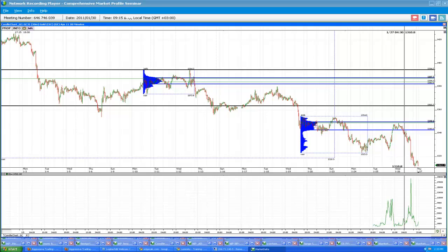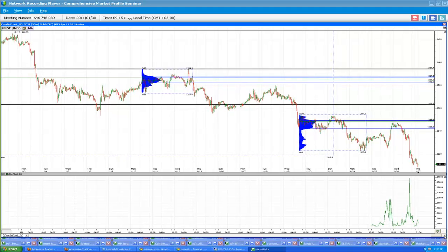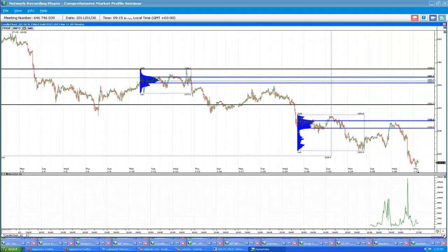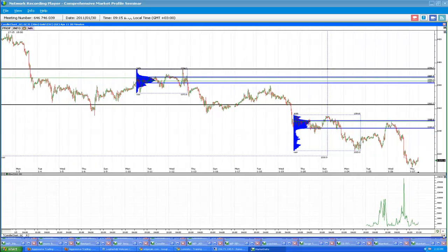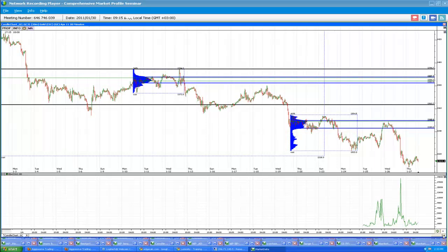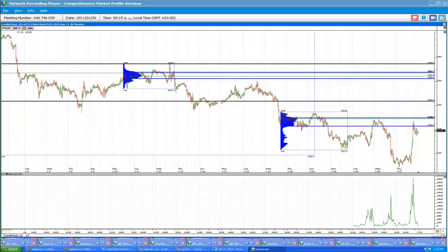Okay, now if you look at what's happened in gold now, as we space forward here, on Friday we sort of bungee jumped up. We came right back into this HVN and pulled back a little bit.